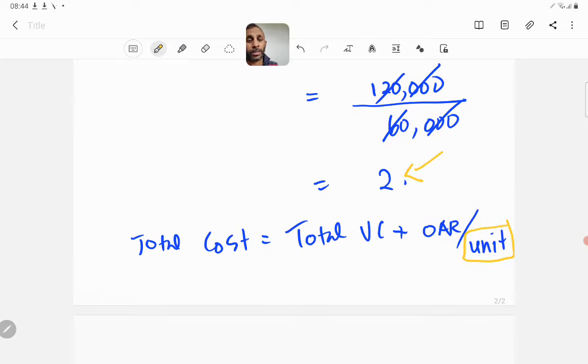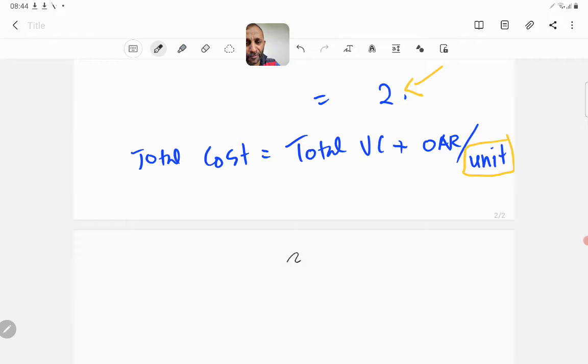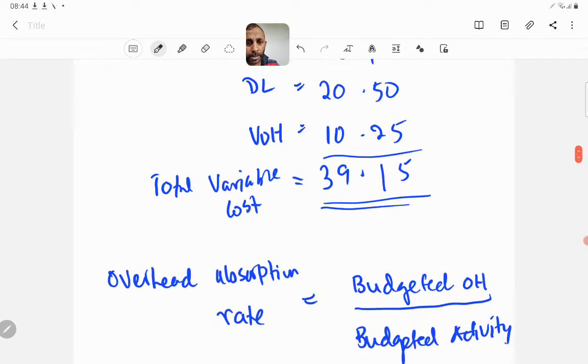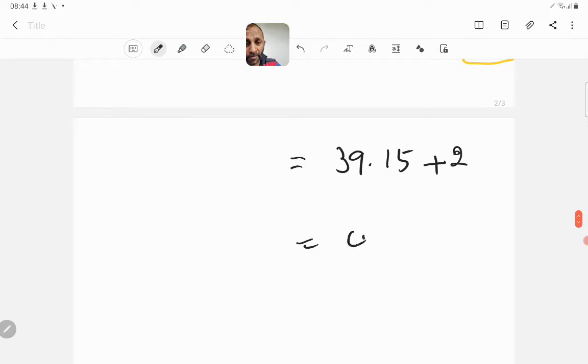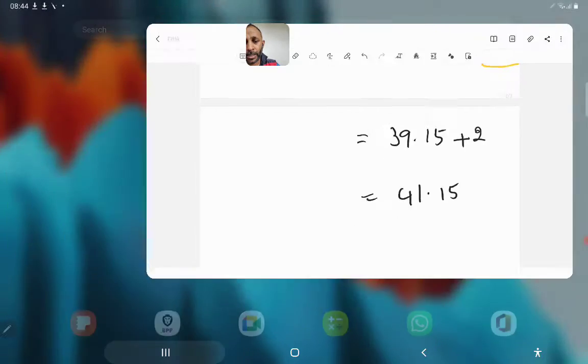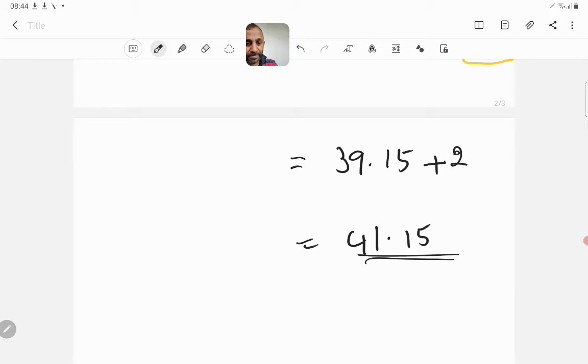But in this question, it coincides. So my total variable cost is 39.15 and the overhead absorption rate per unit is 2, accordingly 41.15 is the total cost. Yes, 41.15. We calculated this.